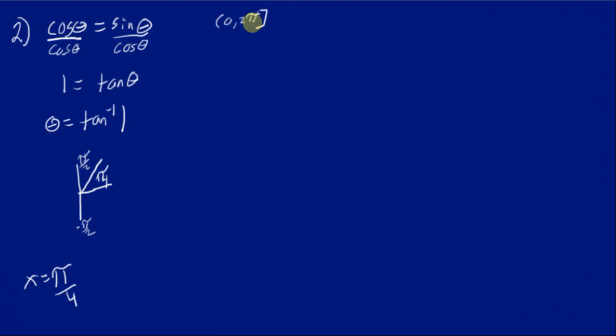But we were asked to do it on the interval from 0 to 2 pi, so the tangent is also positive over here in the third quadrant with a reference angle pi over 4. So 4 pi over 4 plus 1 more pi over 4, that gives me another solution of 5 pi over 4. So that's the principal value and the interval from 0 to 2 pi, and now the general form.